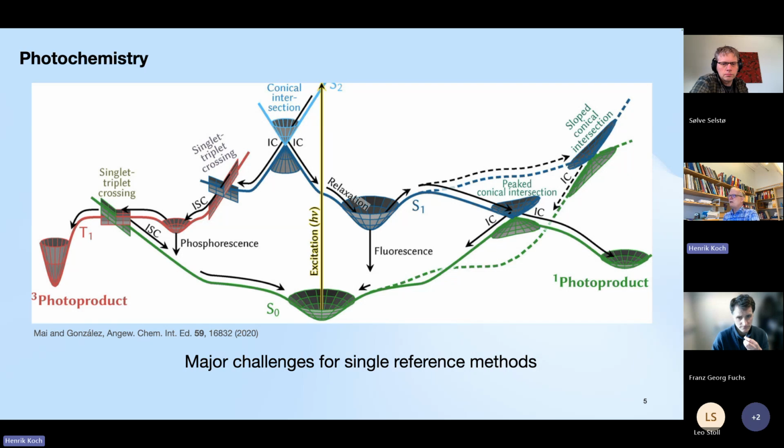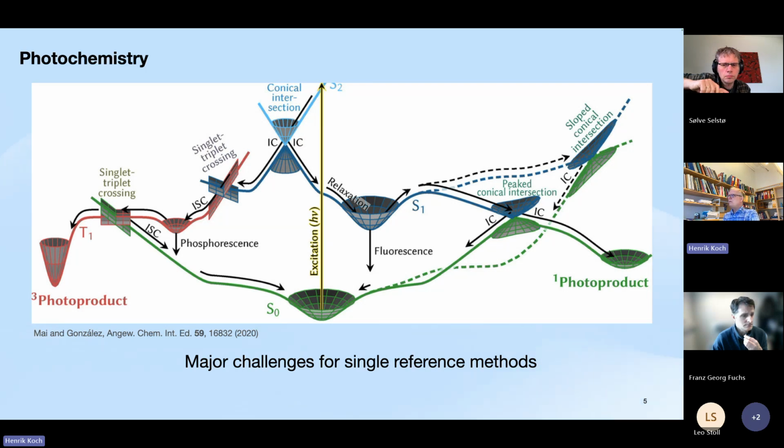There are two possibilities. You end up in the same ground state configuration, which is called photophysics, or you take another path on the excited state potential energy surfaces and end up with some different products. In that case, we call it photochemistry.